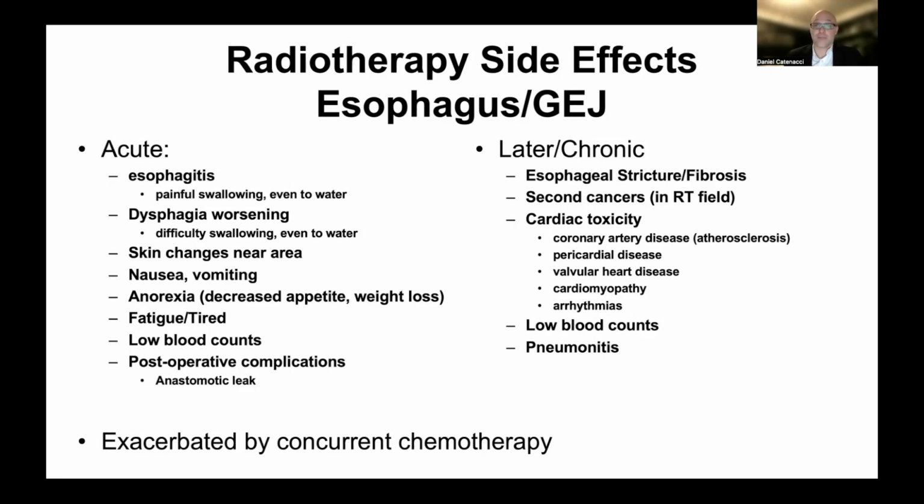And so all of these things need to be considered when we're talking about radiotherapy in the esophagus and GE junction. And as pointed out, the doses in the curative setting are higher than they would be in the palliative setting. And naturally, the higher the dose, the higher the risks of any of these potential side effects.